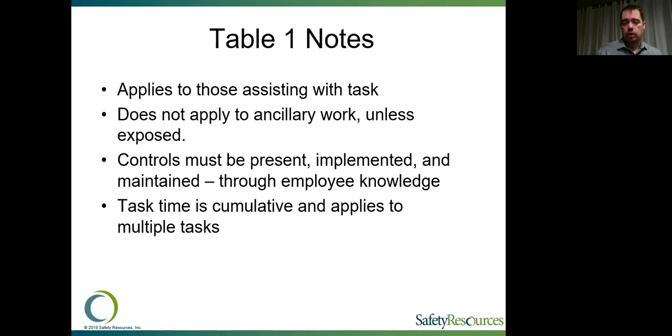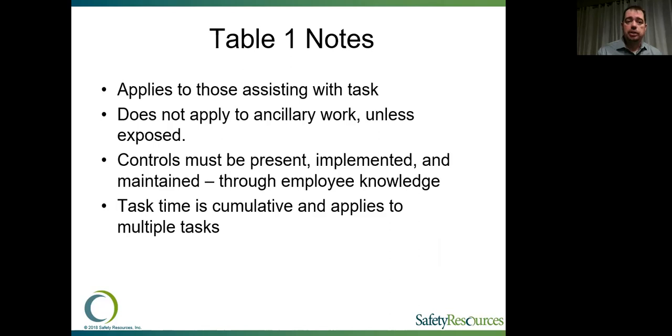So some of the things to think about when we look at Table 1: the exposures are also going to apply to anybody that is assisting with that particular task. So if I have somebody that is performing work, where we looked at the example of grinding out mortar joints, if it's going to be for more than 4 hours, that individual that's performing that particular task will be required to have, let's say, a full face respirator at a minimum.